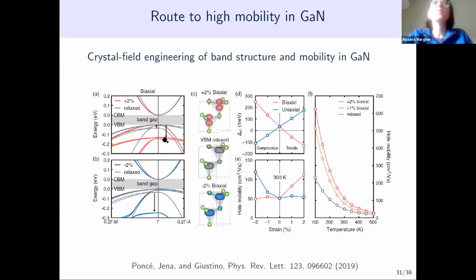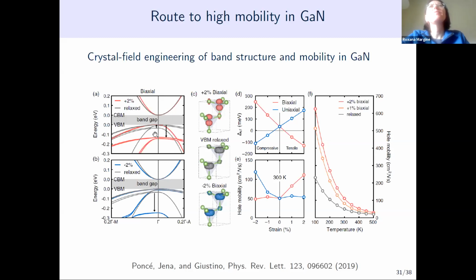So basically, by doing a crystal field inversion, one can lift the split of hole states above the light and heavy holes as shown in the figure.